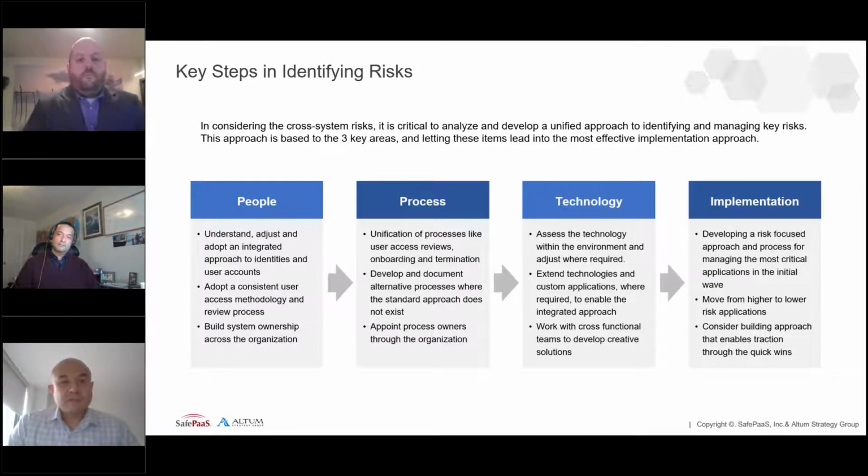That then leads to a really successful implementation because we've done the heavy lift of identifying all of the key inputs that need to go into a tool like SafePaaS. And then we're able to take that information and configure the application to really meet the needs of the business on a go-forward basis.